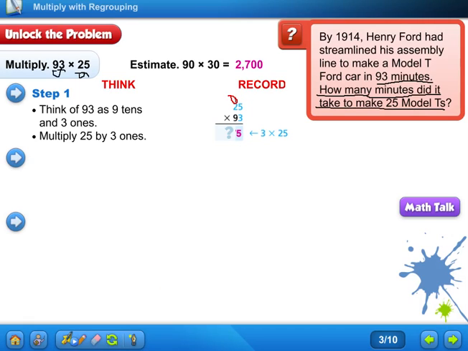So now you have 75. All right, that's step 1. You didn't even look at that 9 yet. You only did the 3 in the ones place and you multiplied it by the 5. Then you did the 3 and you multiplied it by the 2 and you came up with 75.